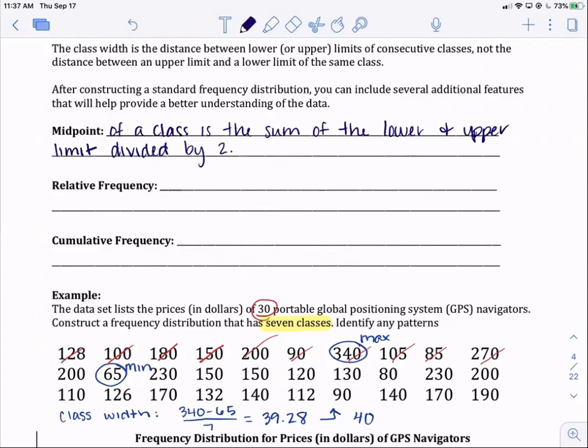Okay, and then we have a shortcut. Find the first midpoint. And then what could we do to find the second midpoint? Any ideas? What do we know about each of those classes? How far apart are they? 40. So then add the class width.